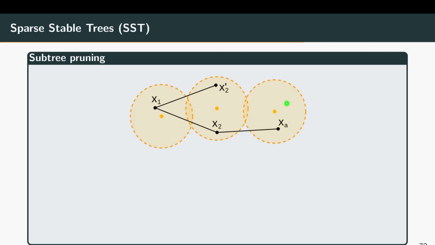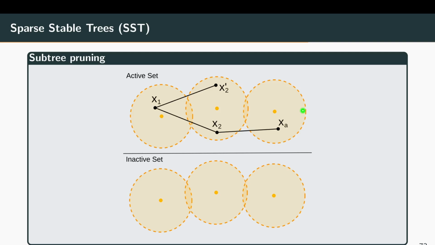Now we also try to expand x1, and we get this x2 prime. We have to figure out which of the two we want to keep, right? If x2 prime has a higher cost, it's easy, then we wouldn't add it.